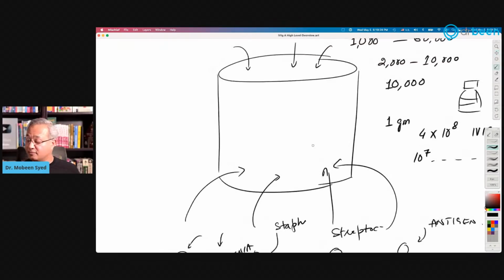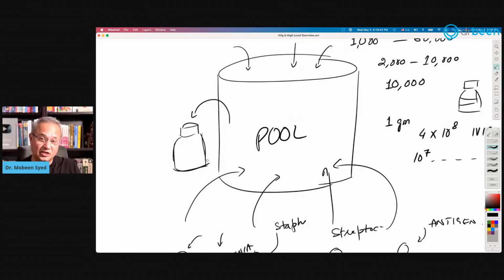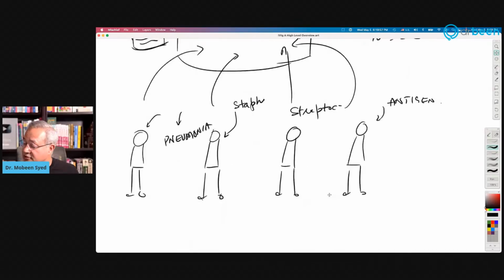And then from this pool, you take out a bottle of IVIg. Imagine now these immunoglobulins that would be taken out, how diverse they would be, and how much they can cover. So this is the basic idea, the benefit of it.